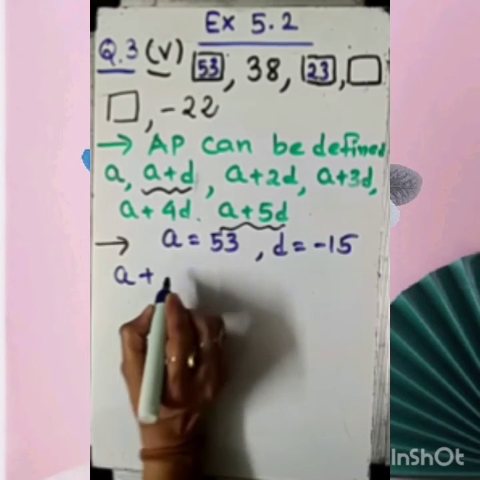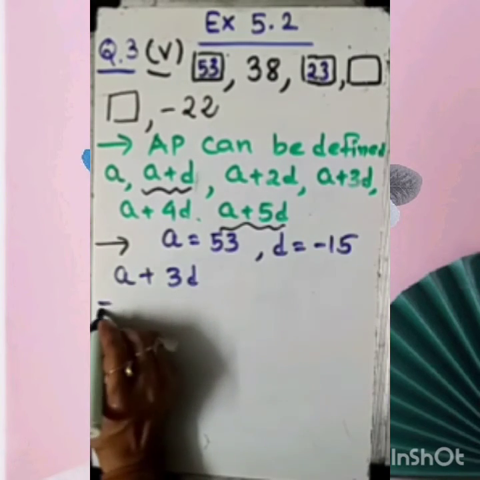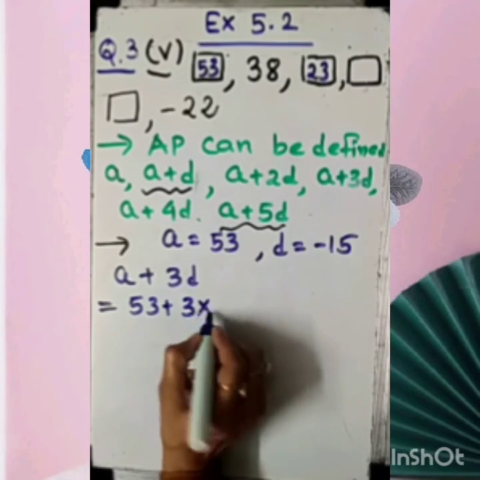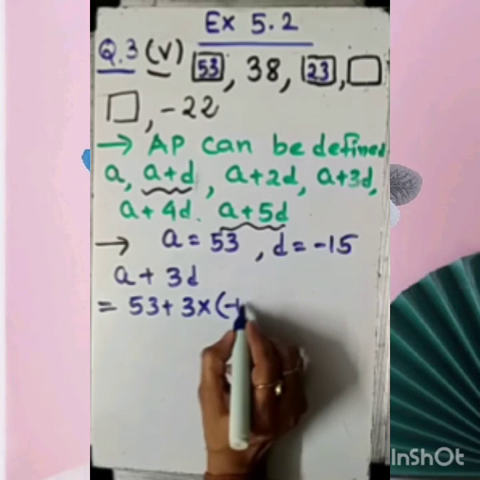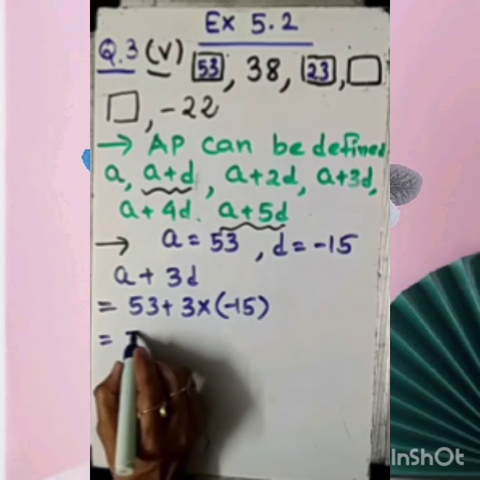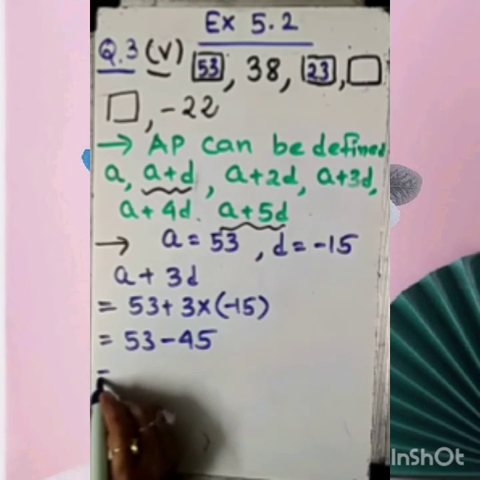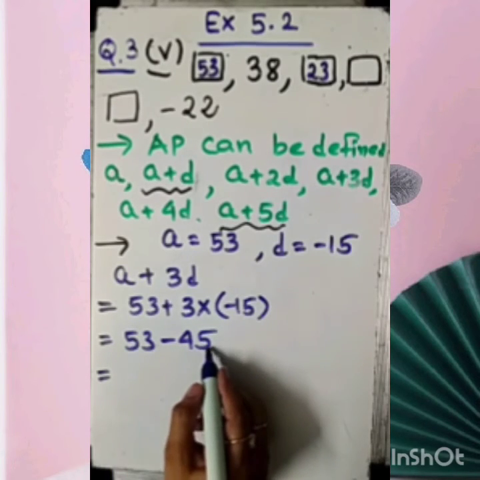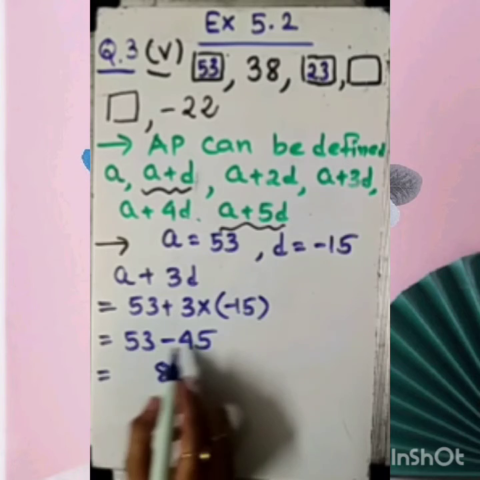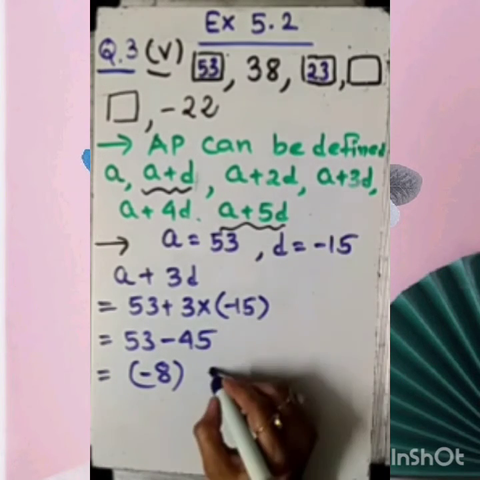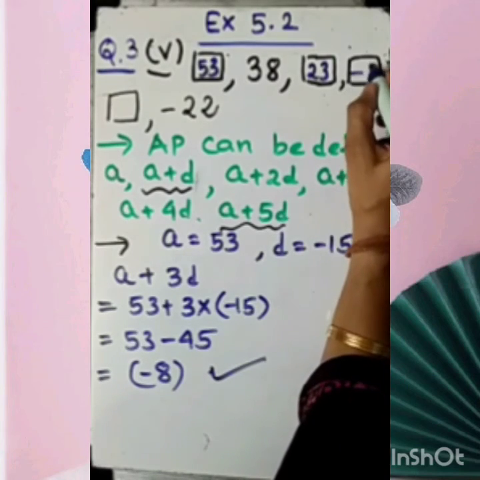As we already found the value of A is 53, plus 3, in place of D I am putting minus 15. As we know, 15 times 3 is 45, it will be minus. So 53 minus 45 is 8. It is coming out as 8. Okay, so this value is for this term.